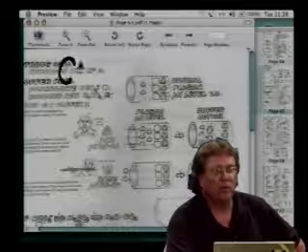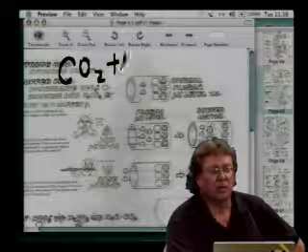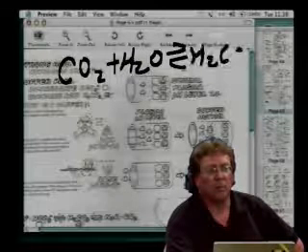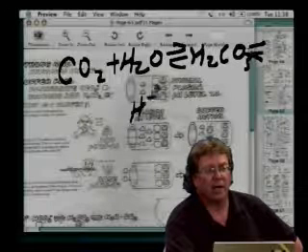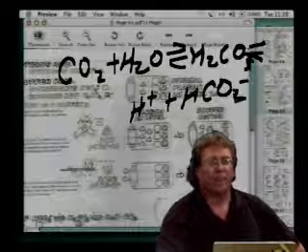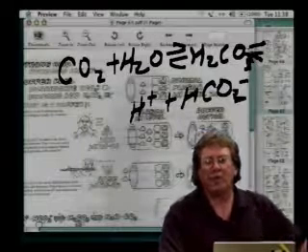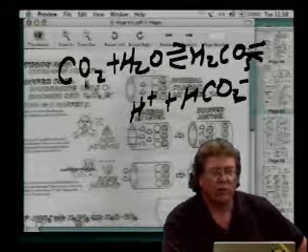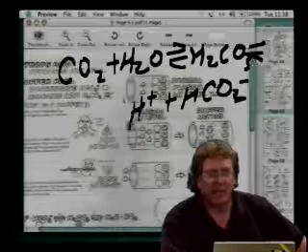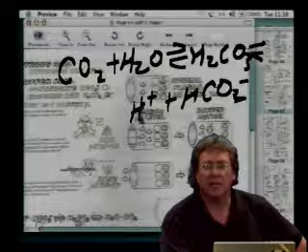Remember that we have CO2 plus water going to carbonic acid, which goes to hydrogen ion and HCO3. I've given you one example of an acidosis in which we elevate CO2. That drives the reaction to the right, that elevates hydrogen ion, that makes the individual acidotic.